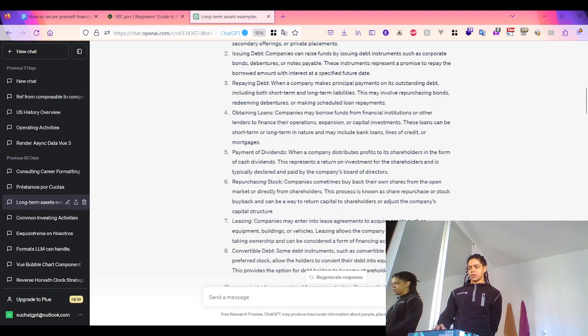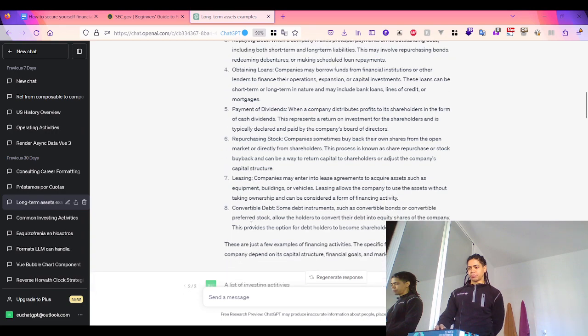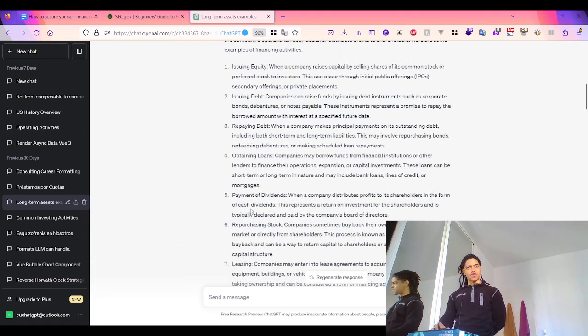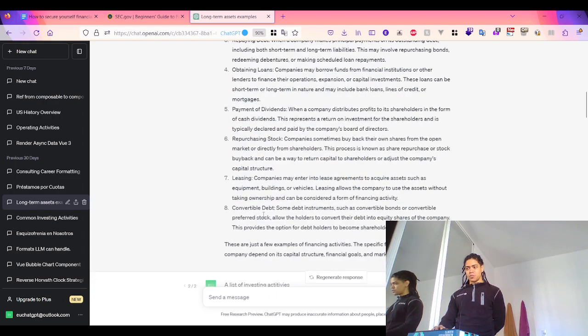So the most common examples of financing activities are leasing, issuing equity, issuing debt, repaying debt, payment of dividends to the shareholders, repurchasing stocks, and obtaining loans.